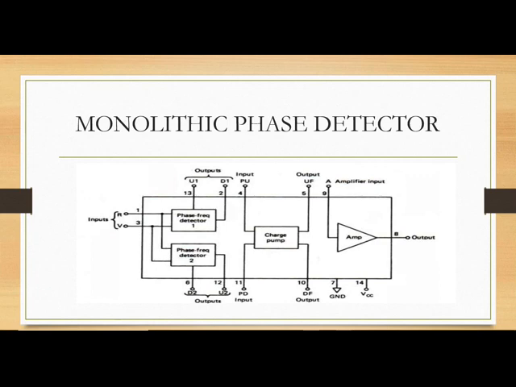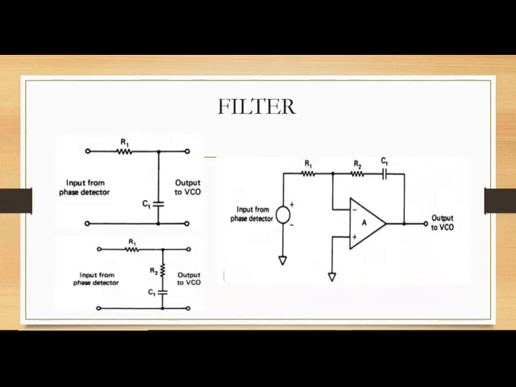So next we will move on to the second component of the phase lock loop, that is the filter. Filters can be either active filters or passive filters. You can see two passive filters over here and one active filter which uses an op-amp along with the resistor and capacitor.